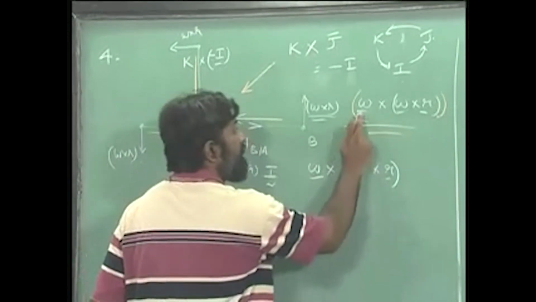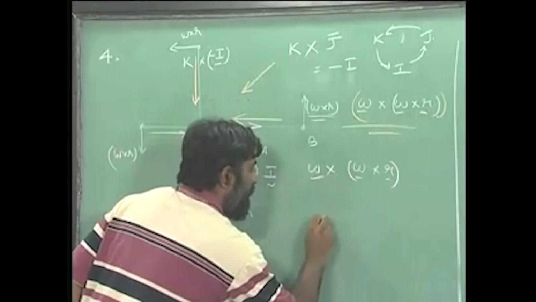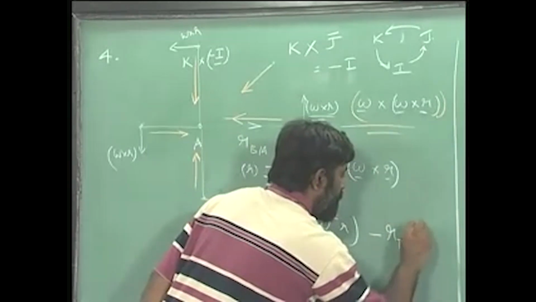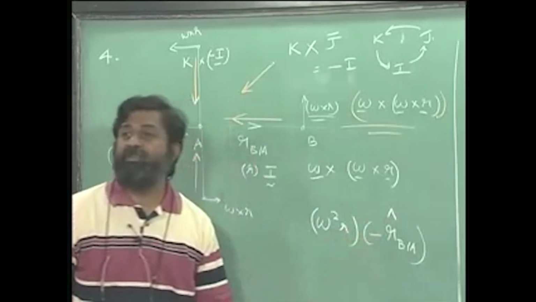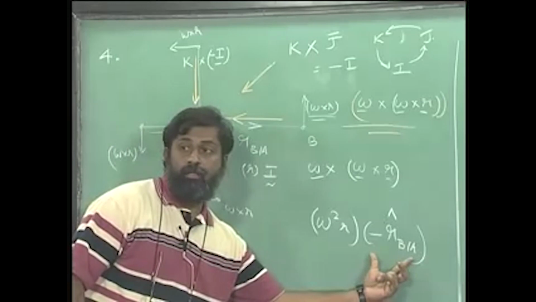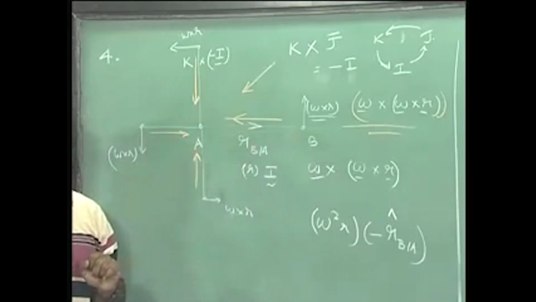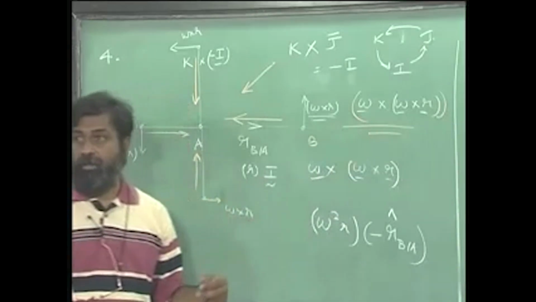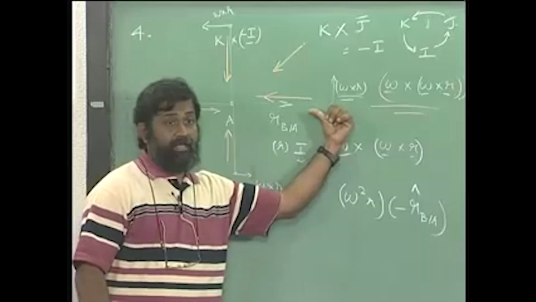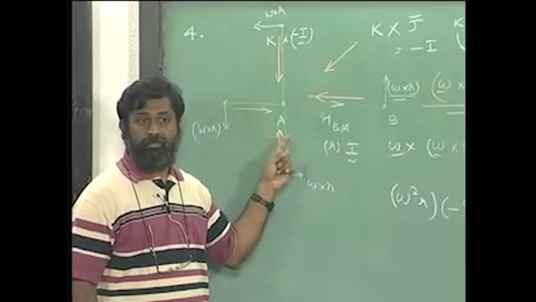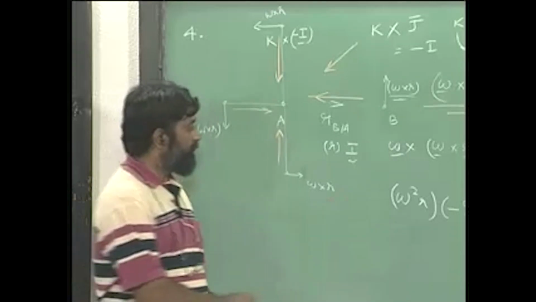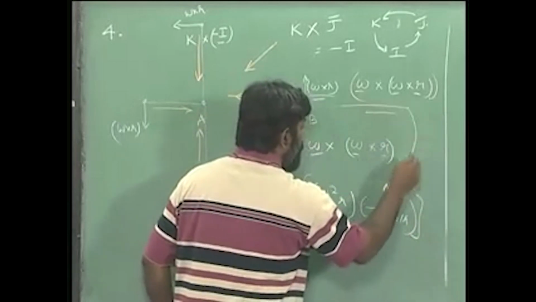So one way that I can write is the magnitude of this is omega r, so I will have omega square r, which is the magnitude, and the direction is given by, whenever I put a cap, it means only the direction, the unit vector along the direction, which is negative to RB with respect to A. Again this is a useful tip: all you have to know is that this particular component is directed towards the center of the rotation, which in this particular case is A. It is pointing from B to A. Is this clear?